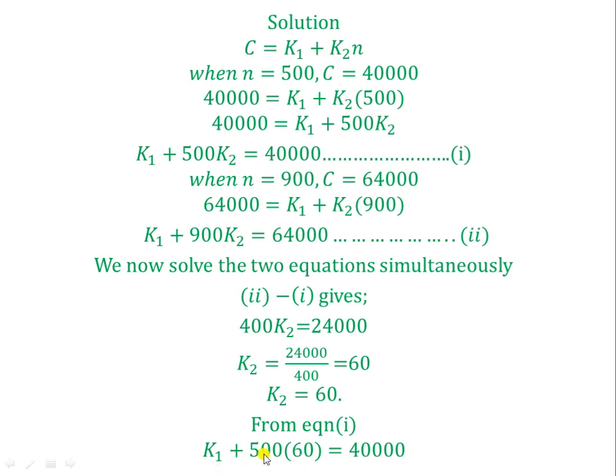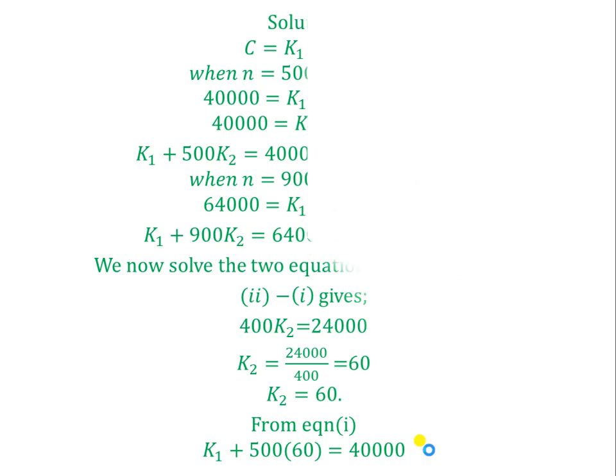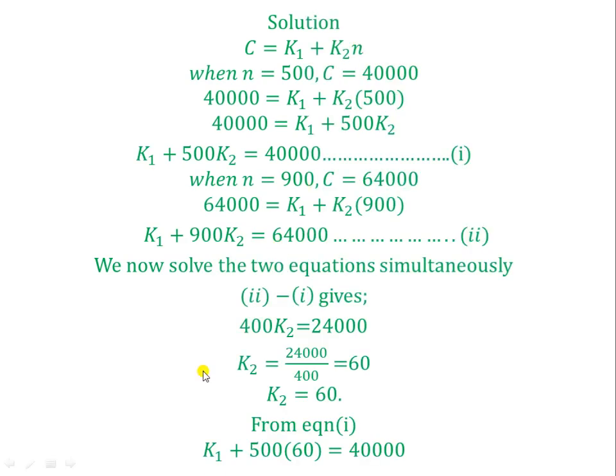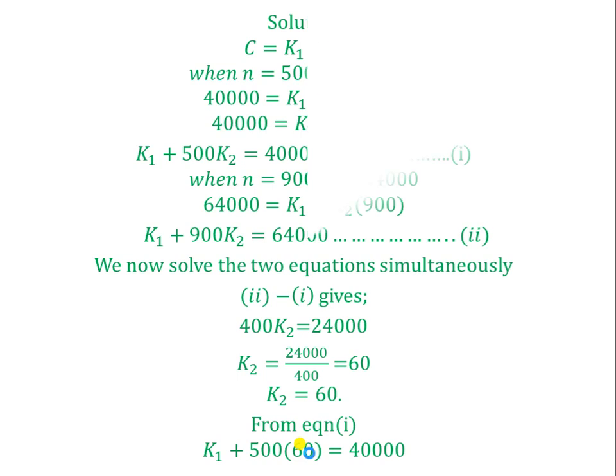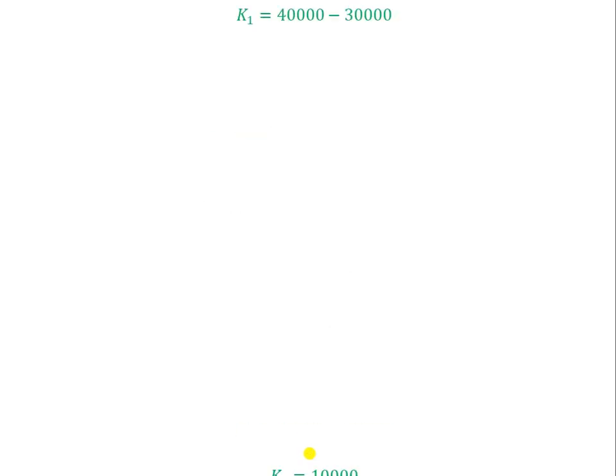So it means you'll have K1 plus 500 multiplied by 60 is equals to 40,000. And that will take us to the next step, which will be K1 is equals to 40,000 minus 30,000, which we obtained by simply multiplying 500 by 60. So from that point, we can now get K1 as 10,000.